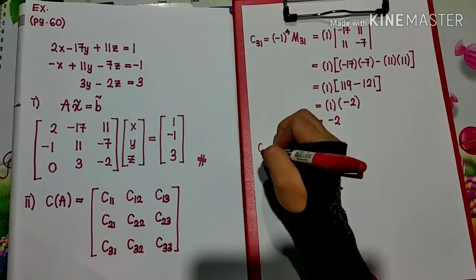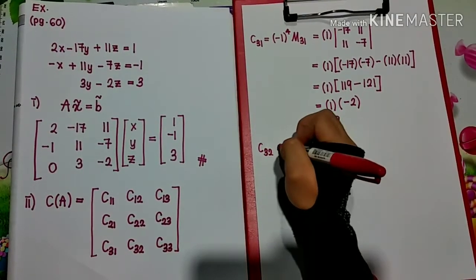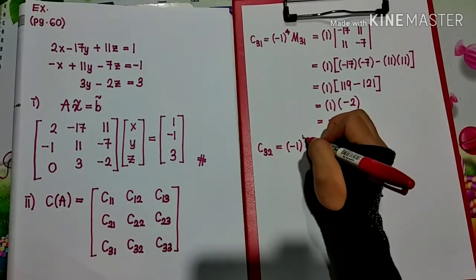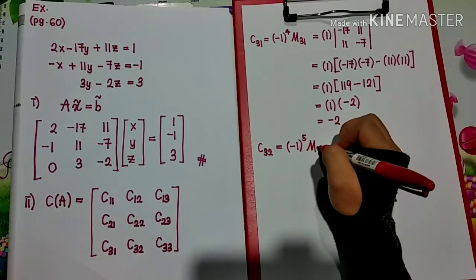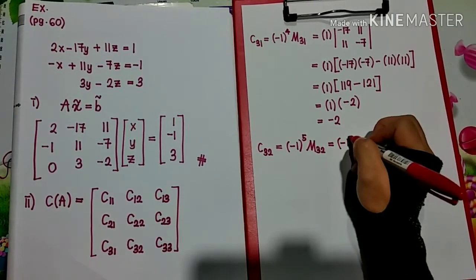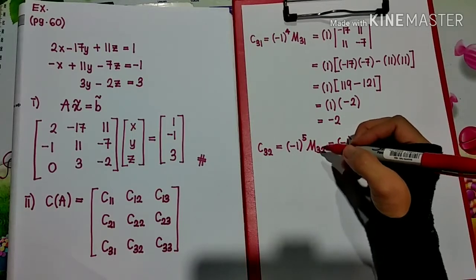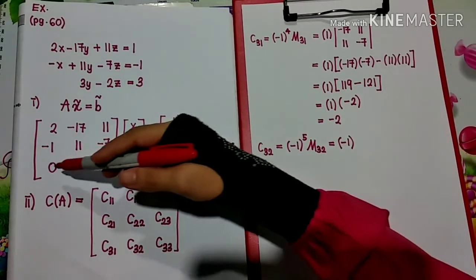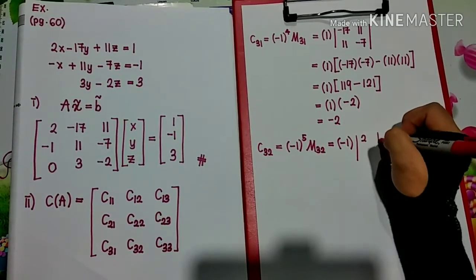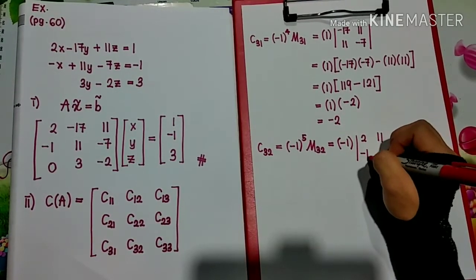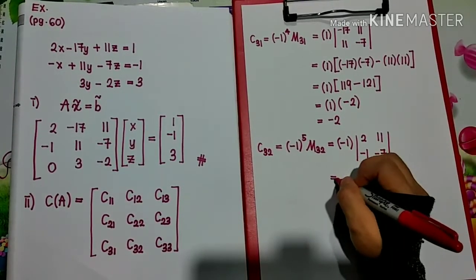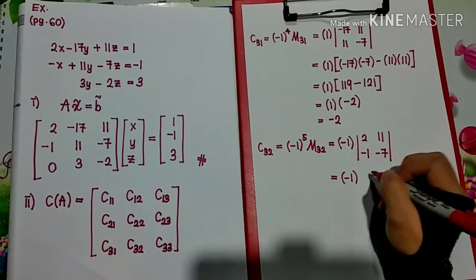Next, find C32. So negative 1 power 5, M32. So negative 1 power 5 will be negative 1, M32. So you delete third row, second column. So you will get here 2, 11, negative 1, negative 7. Then we compute this one, negative 1.